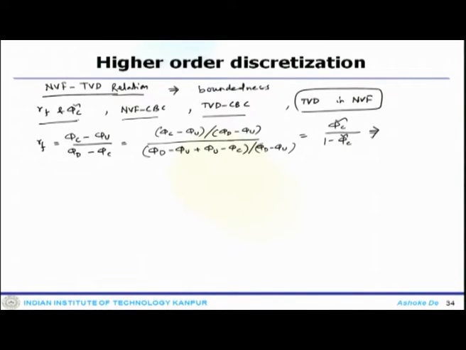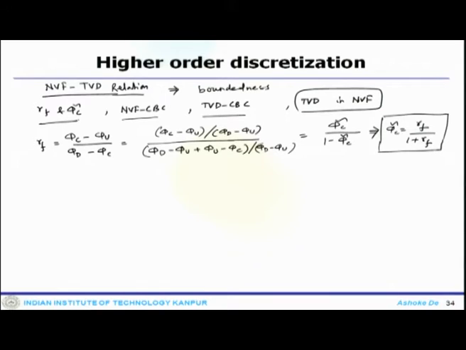So, that essentially provides phi c tilde equals Rf by 1 plus Rf. That is the relationship one can obtain between phi c tilde and Rf.